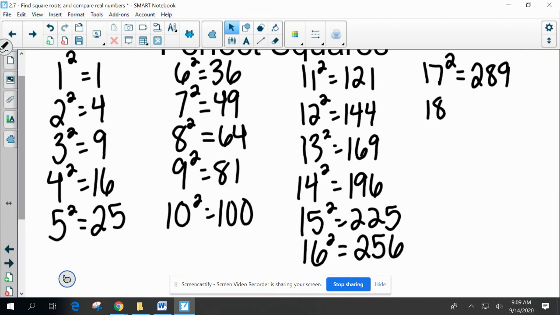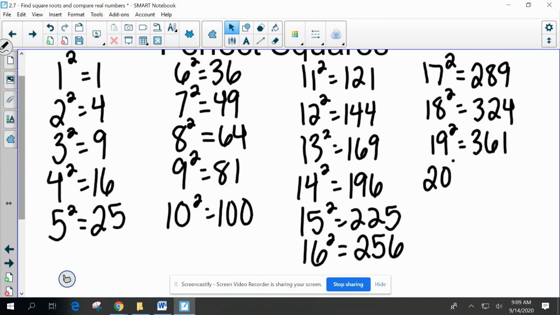And 18 squared. 324. Yeah. And 19 squared. 361. Yeah. And I know 20 squared is 400. So 350 is going between 18 and 19. Everybody agree?